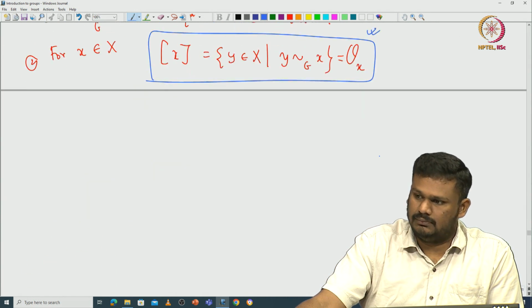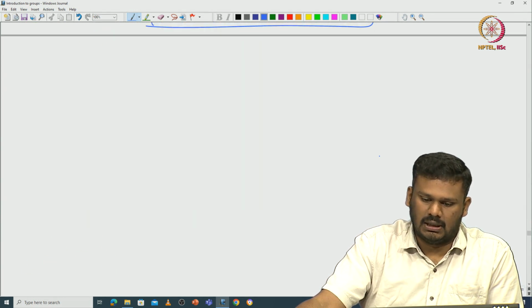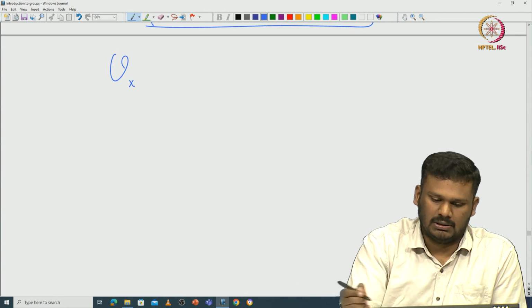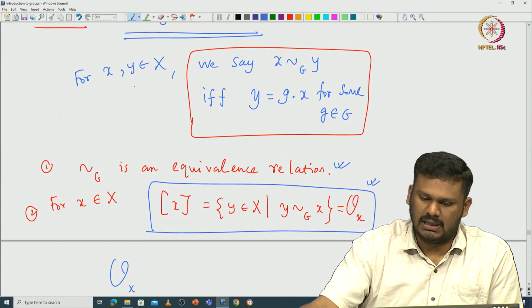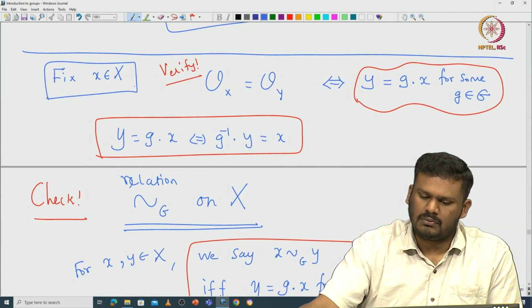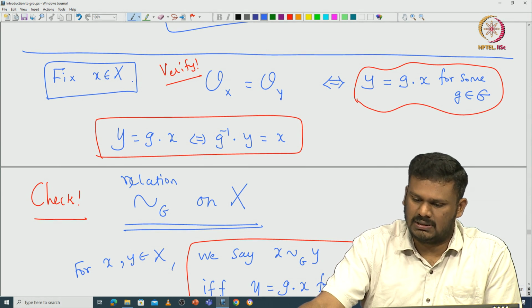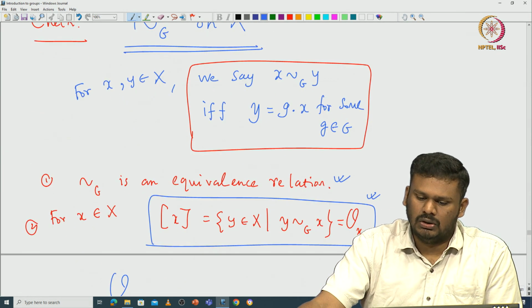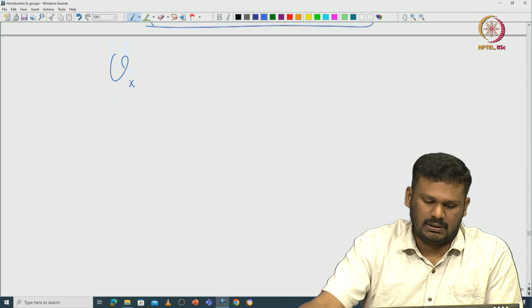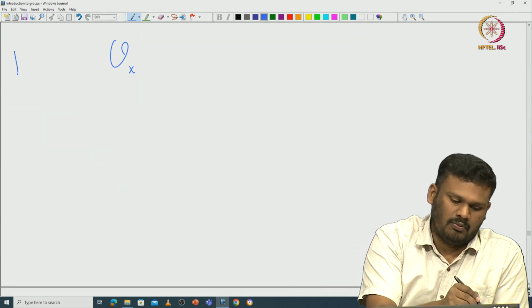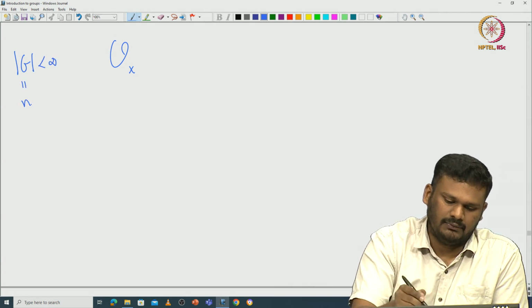Now let us try to understand how one can approach the orbit of x. This tells you that whenever y is in the orbit of x, then y must be equal to some g dot x. If you are interested in counting the elements of the orbit of x, let us say the cardinality of G is finite, say n.